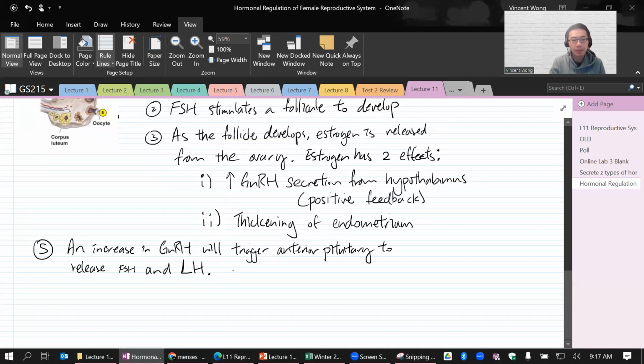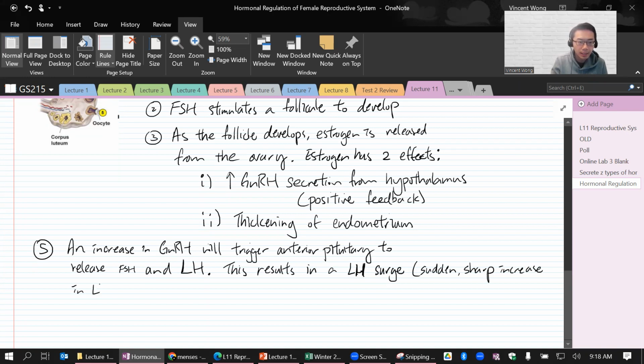Okay. This results in an LH surge. That is a sudden, sharp increase in LH in the blood, right?